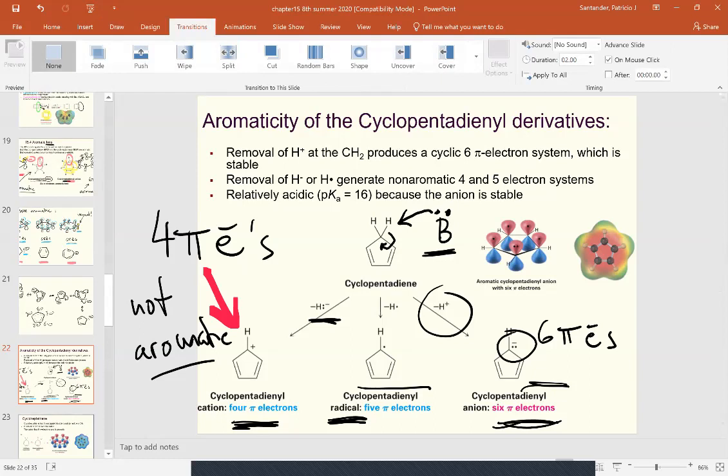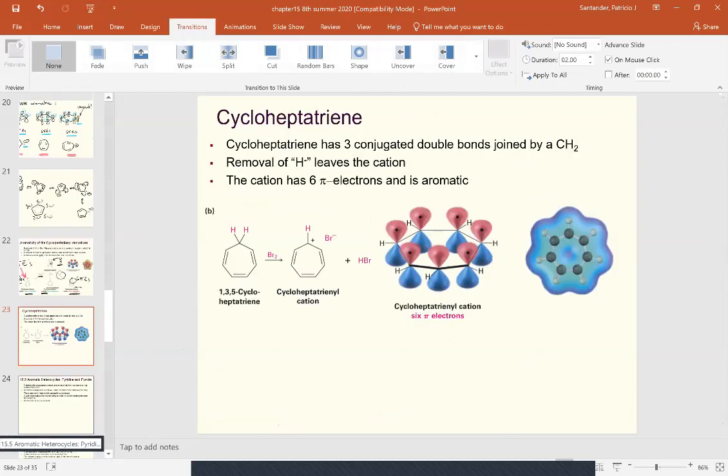Okay, so now we can look in more detail at the formation of the cycloheptatrienyl cation. How can you do that? As I said before, you can use an electrophile in order to remove a hydride.